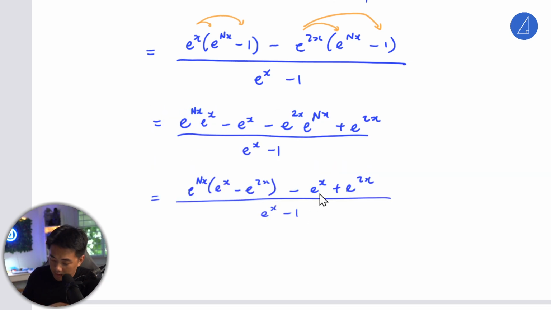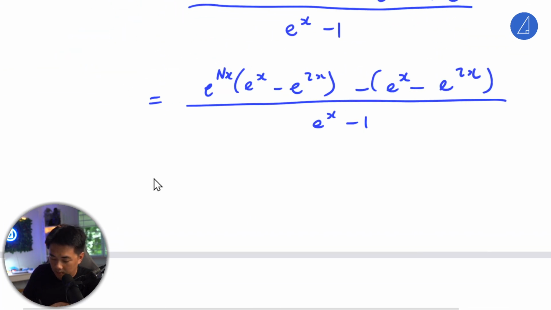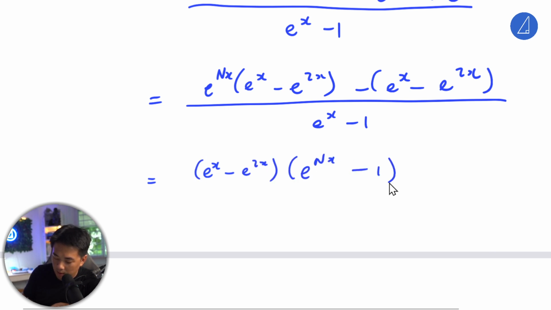So it's about factorization: this will be (e^x minus e^(2x))(e^(Nx) minus 1) over e^x minus 1.